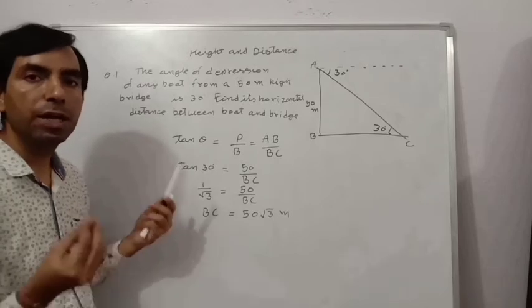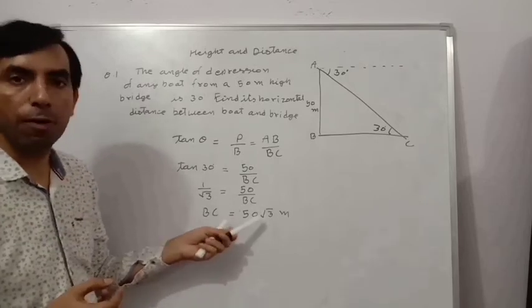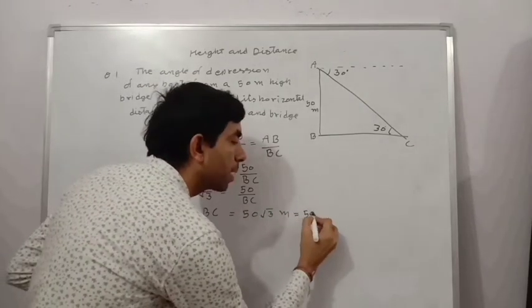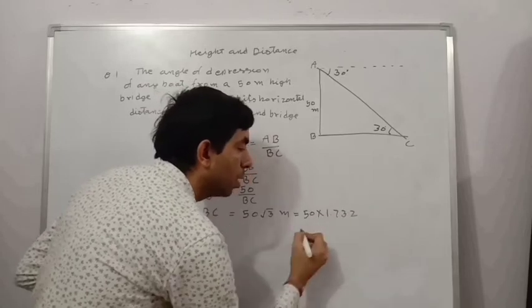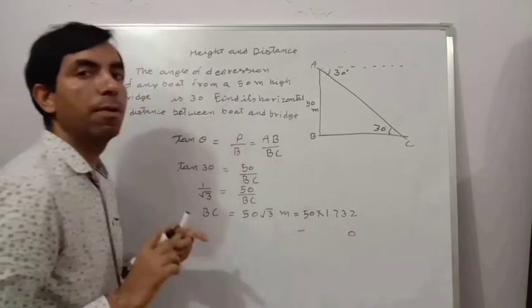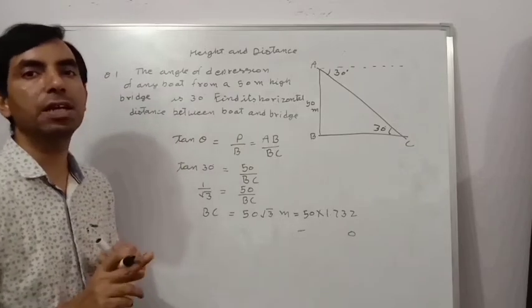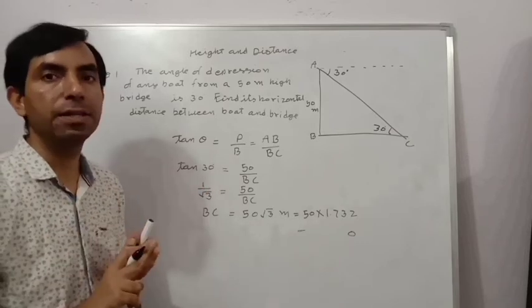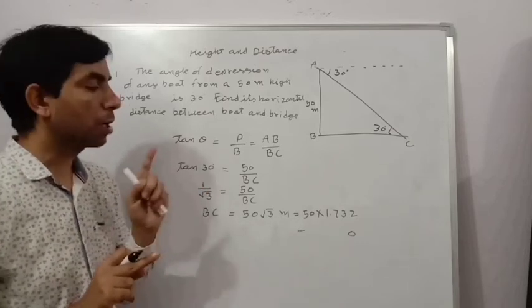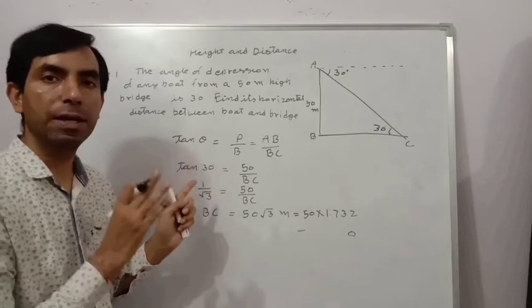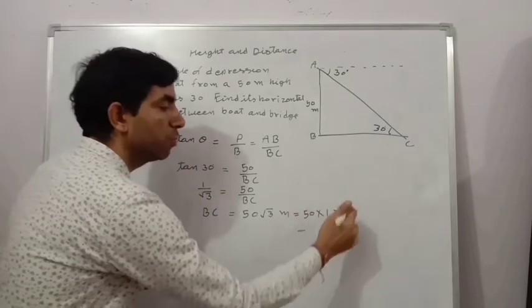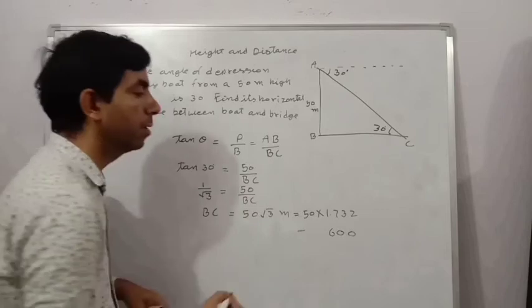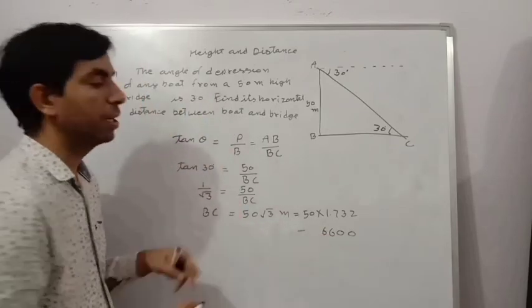If we want to find the value in number form, we can write the value of root 3, which is 1.732. So 50 multiplied by 1.732. Zero is as it is. We know that in decimal multiplication, we multiply as it is and place the decimal after multiplication, counting the number of decimal digits in the question. 5 times 2 is 10, 1 remaining, 5 times 3 is 15, 1 is 16, 1 remaining, 5 times 7 is 35, 1 is 36, 3 remaining, 5 times 1 is 5 and 3 is 8.